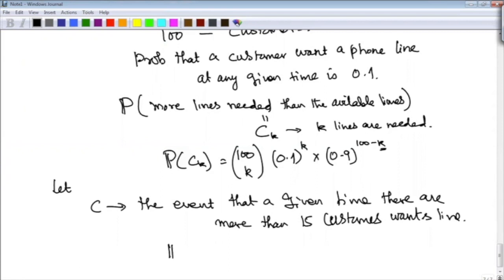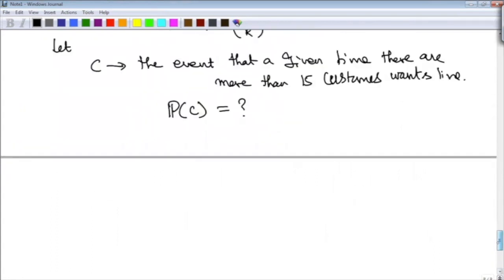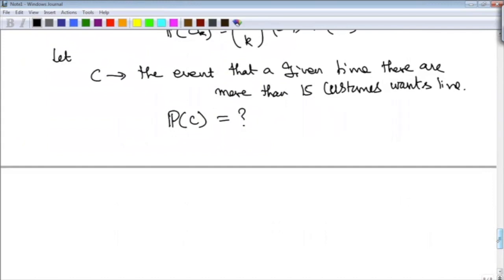Then what is the probability of C? This is what we want to find, right? So that is nothing but the sum over k equal to 16 to 100.